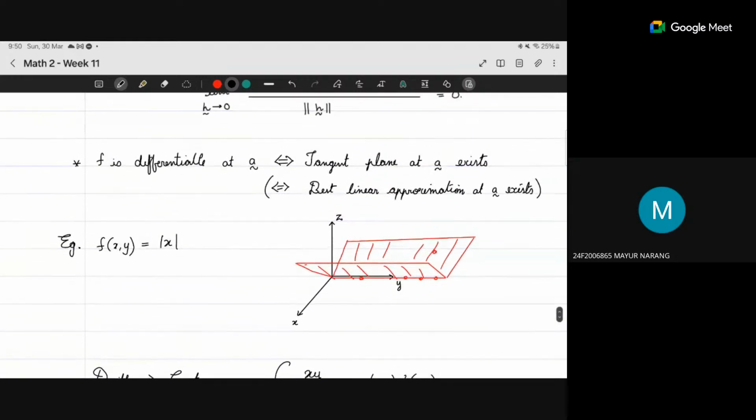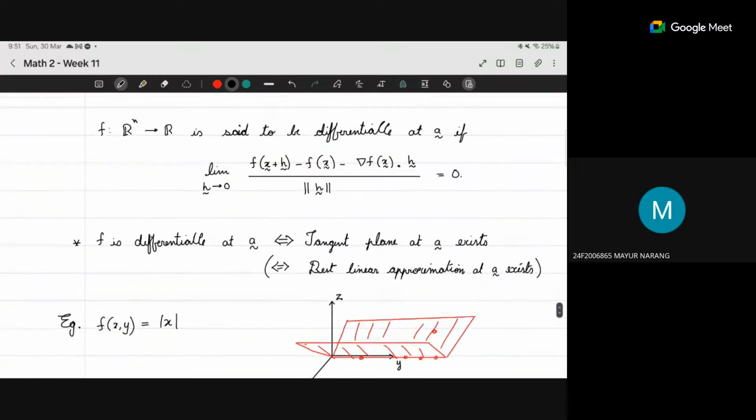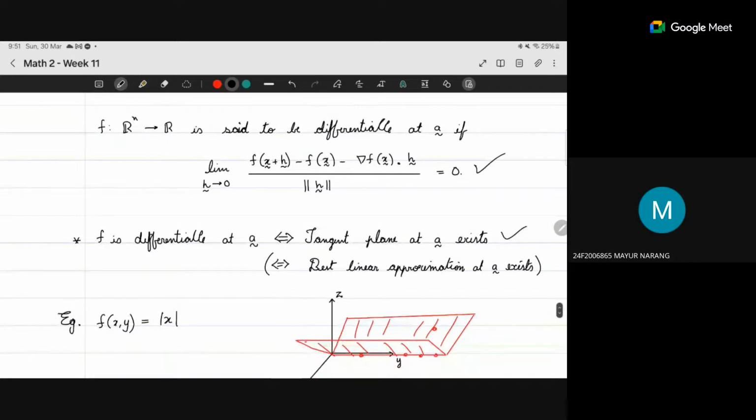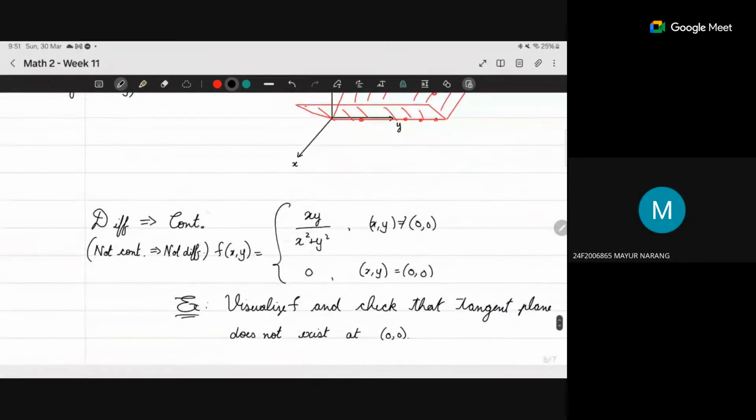And the questions that you will be asked will not be more than this. If you want to be absolutely sure, then you'll have to deal with the definition, which says that the following limit exists and is equal to 0, which is a direct generalization of the one-dimensional case. So this is the principled way of doing this. For most cases, this will be sufficient.